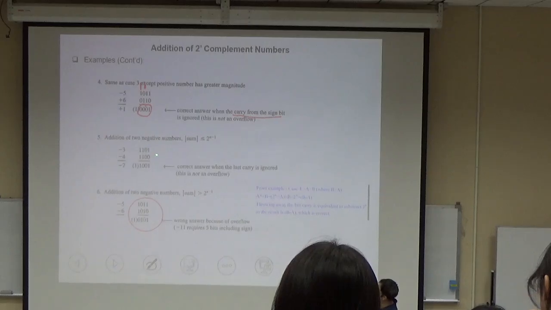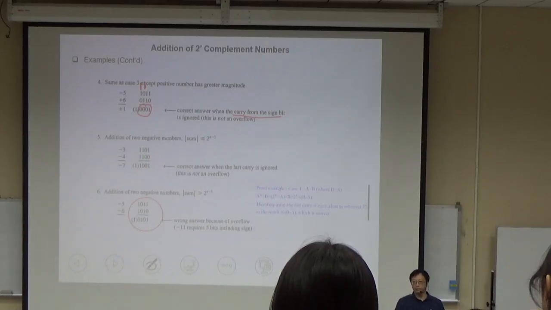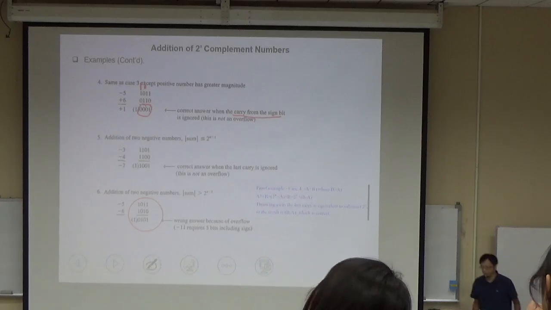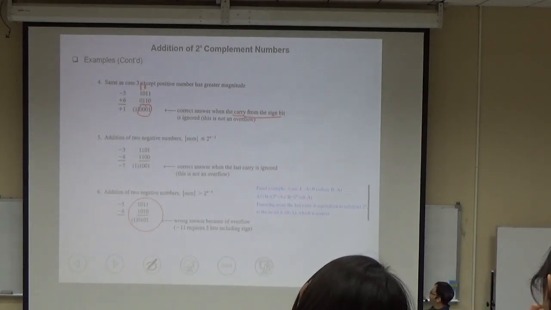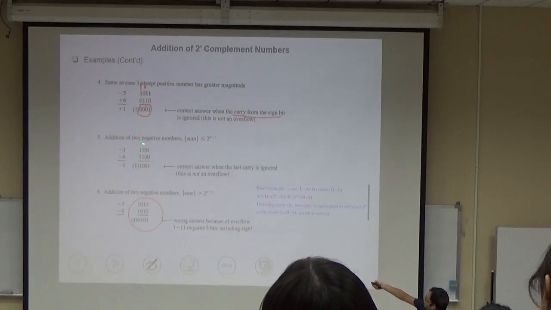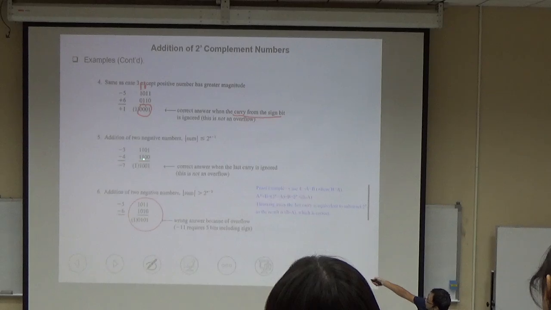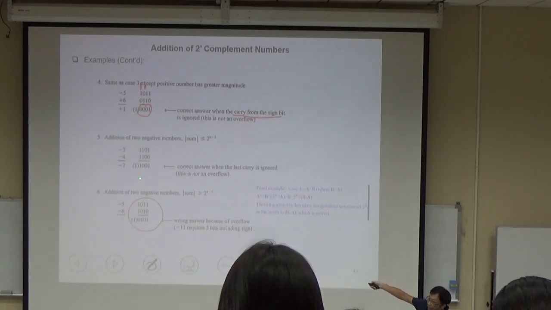Okay, 1 plus 0 is 1, 0 plus 0 is 0, 1 plus 1 is 0. We have a carry, right? Carry right here, okay? And carry right here, 1 plus 1 is 0, we have a carry. It means there's a 1 right here, okay?